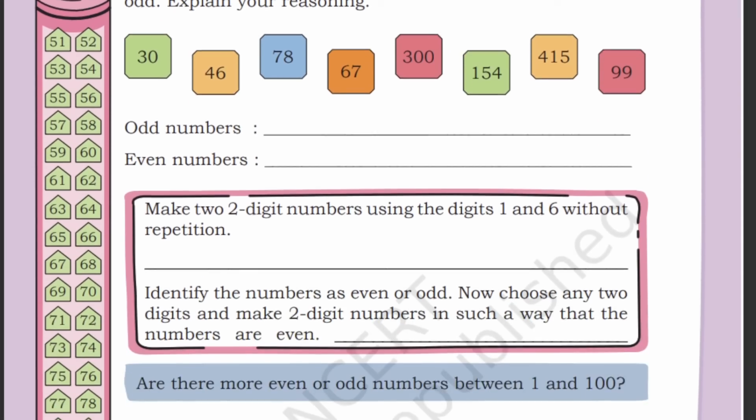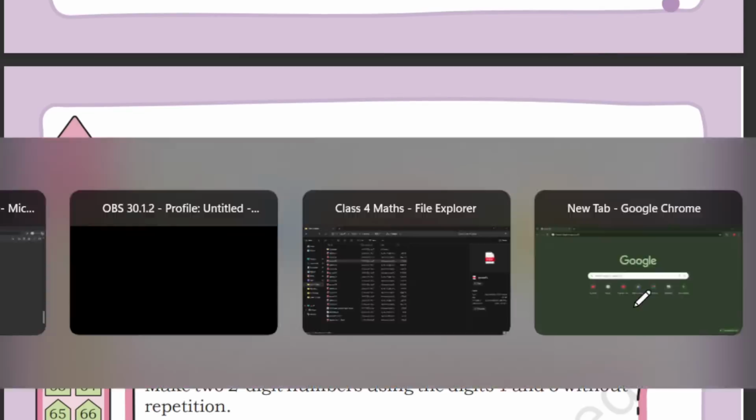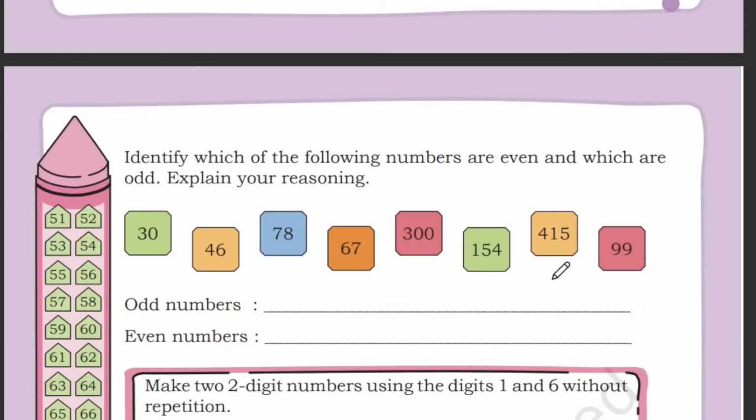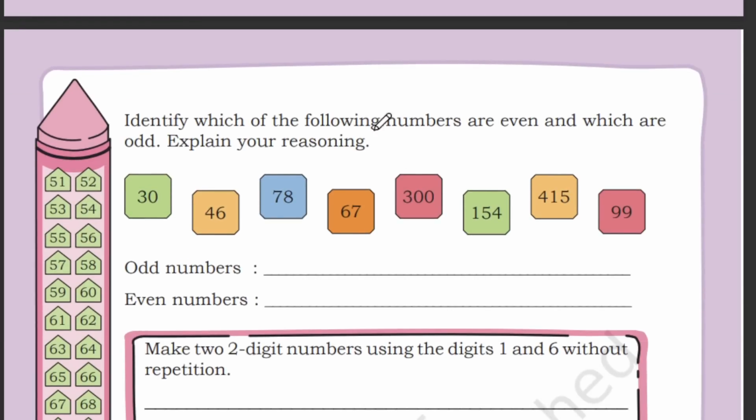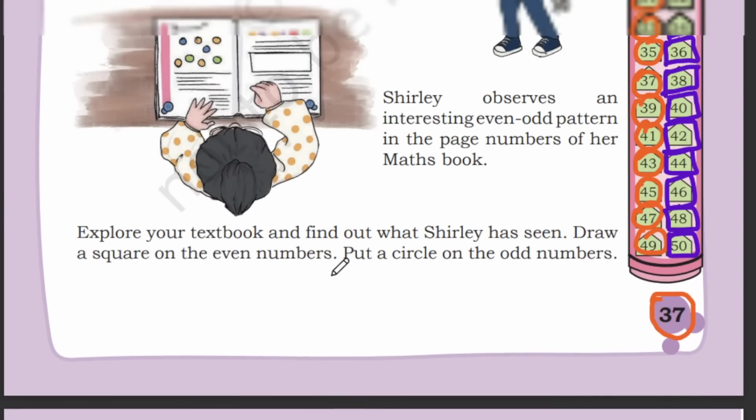So next, this is the last page, students, and you will be getting this as a 3-mark question. Identify which of the following numbers are even and which are odd. Explain your reason. Here we have crayons, students. We have missed this, so we will complete it also.